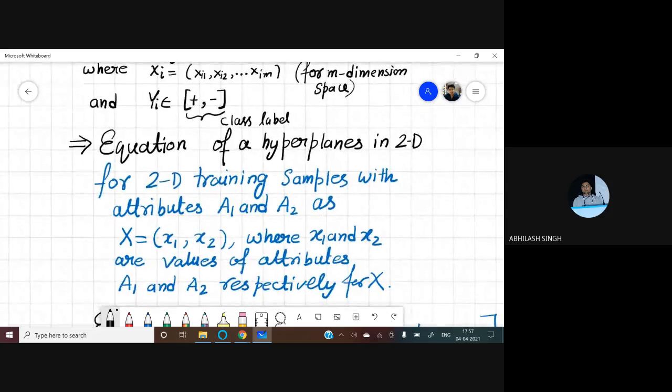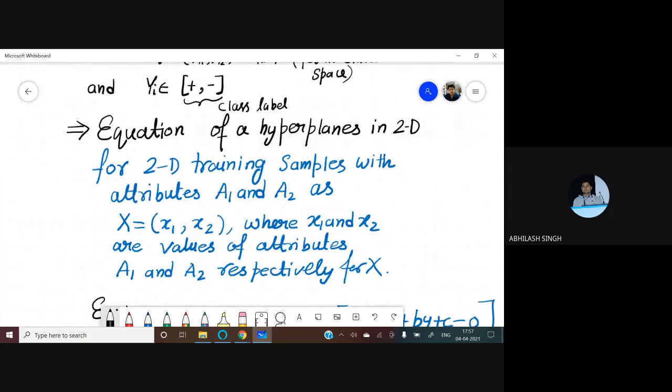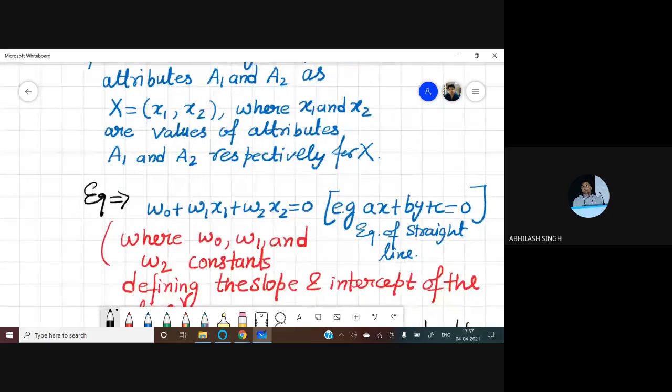Okay, now let us see how we can write the equation of the hyperplane in 2D. For a 2D training sample with attributes A1 and A2, as x equal to x1, x2, where x1 and x2 are the values of the attributes A1 and A2 respectively for x.